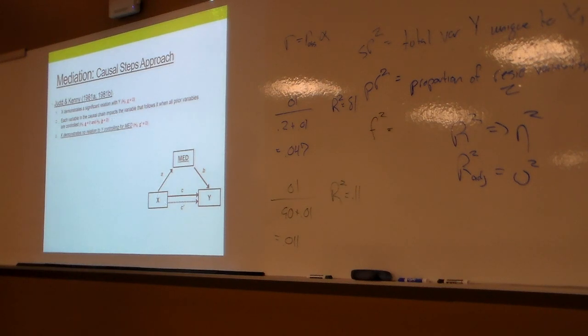So, testing mediation. How do we test these mediation models? Testing them is easy. Collecting data that provides a compelling case for it is considerably more difficult. If we go back to a seminal article by Judd and Kenny, they came up with what's classically termed a causal steps approach to mediation.